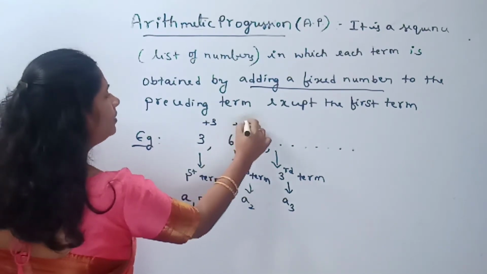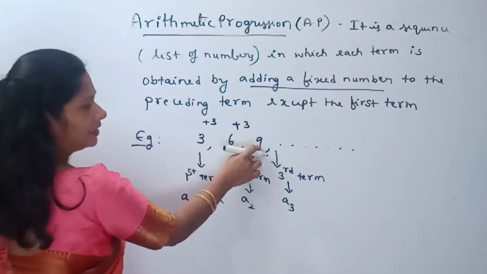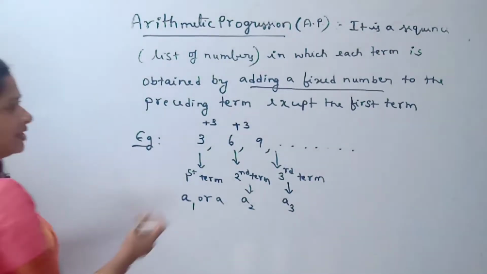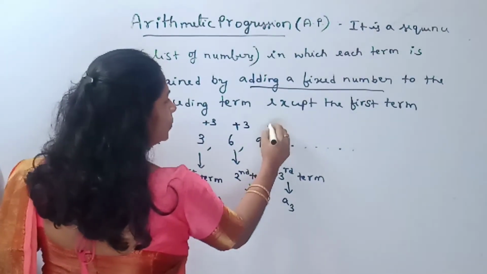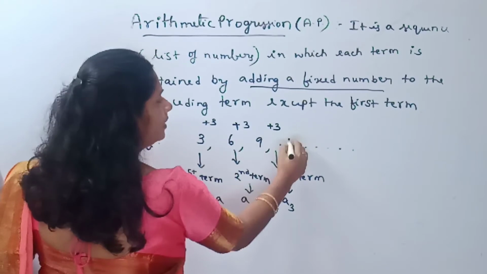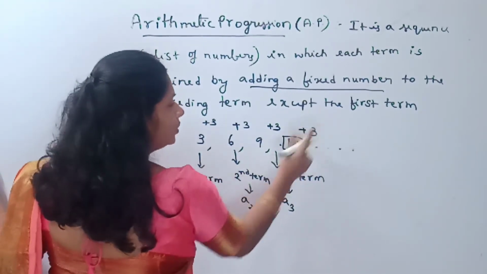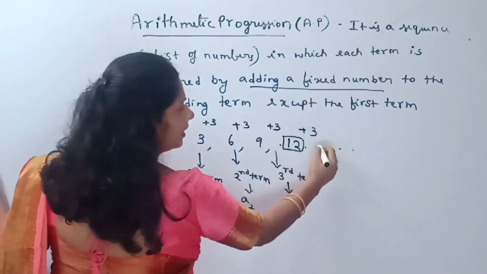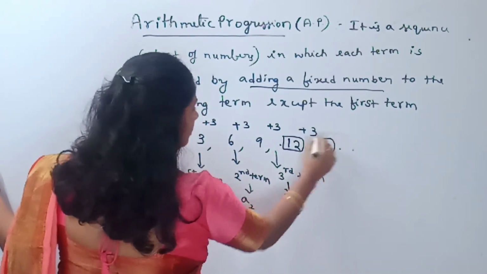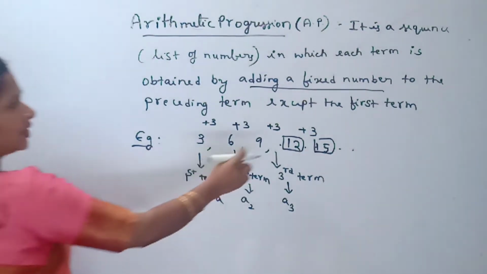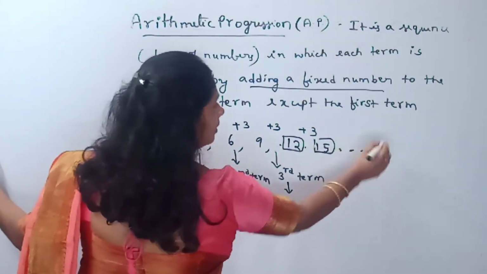If I add 3 to the second term, I'll get the third term. So what will be the next number? Add 3 to the third term, I'll get the fourth term, it is 12. Add 3 to 12, I'll get 15. That will be my fifth term, isn't it? So you can continue like this.